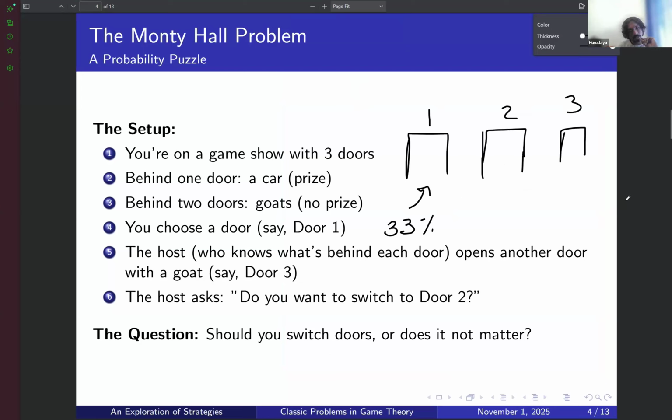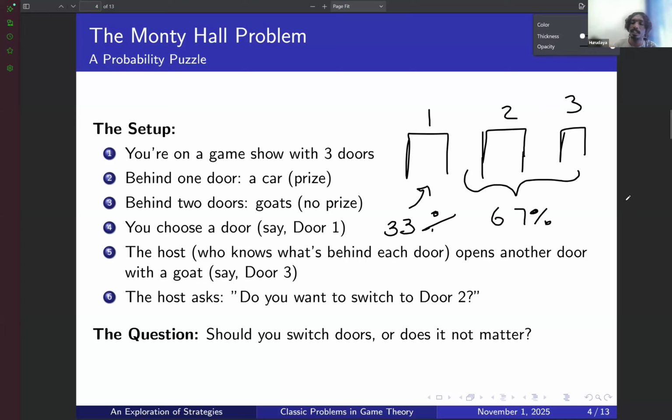Yes, sir. But there's also a 67% chance that it's in doors two or three, right? Yes, sir. So the first thing to convince ourselves is no matter what we pick, because there's two doors with goats, there will always be at least one goat between these two. Yes, sir.